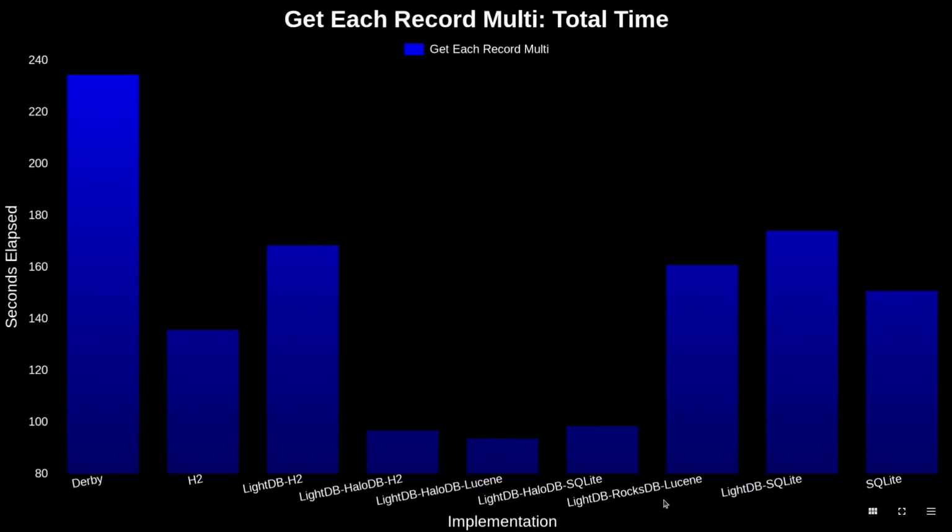It beats RocksDB, which is also insanely fast, and that's what Facebook uses for their key value store. But this is using RocksDB and Lucene, and it's good and very powerful, but HaloDB is just a rock star for performance. It makes me so sad that Yahoo has sort of gone away.